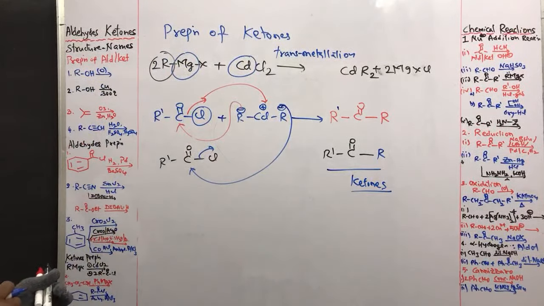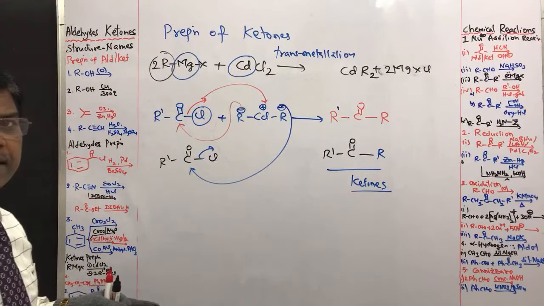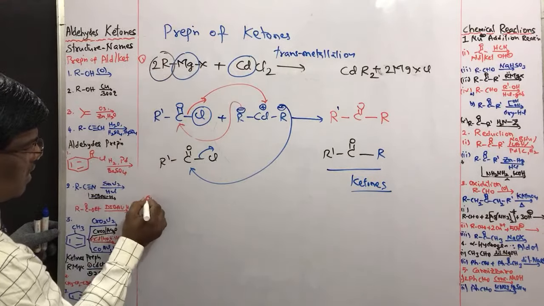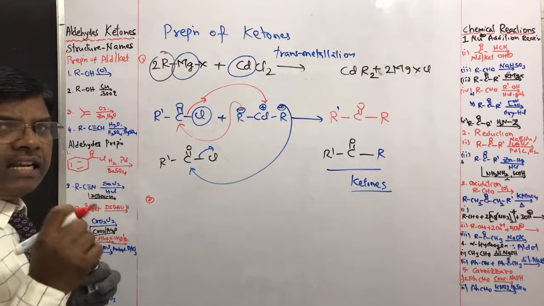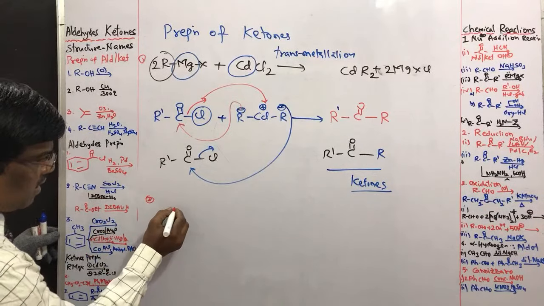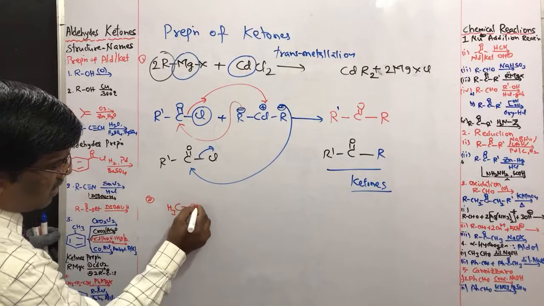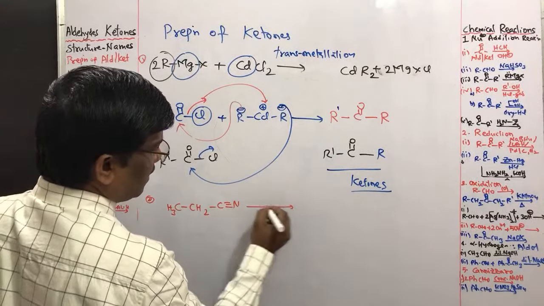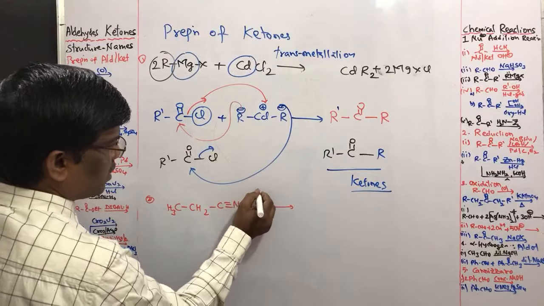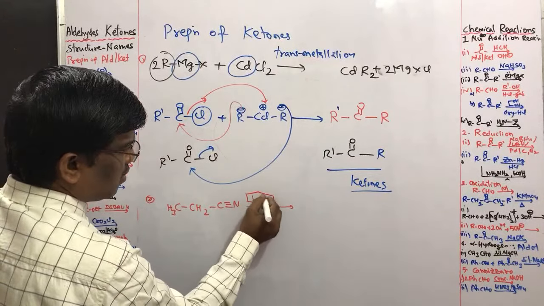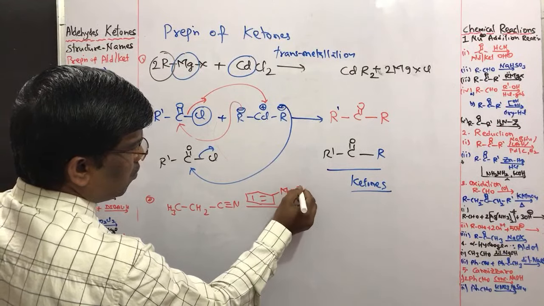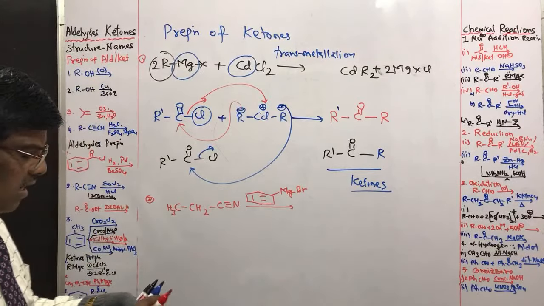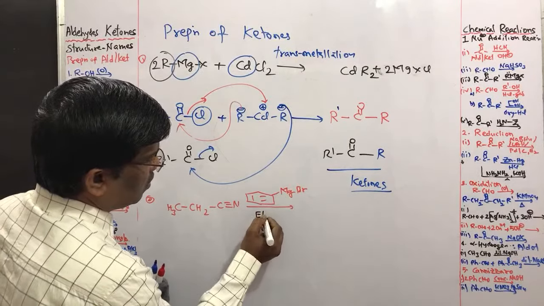Then a very important method is from nitriles, Grignard reaction of nitriles. This is one method, and the second method is nitriles via Grignard reaction. When I take nitrile CH3CH2CN and treat it with phenyl magnesium bromide, this is Grignard reagent in ether. Usually where do you do it? Diethyl ether.